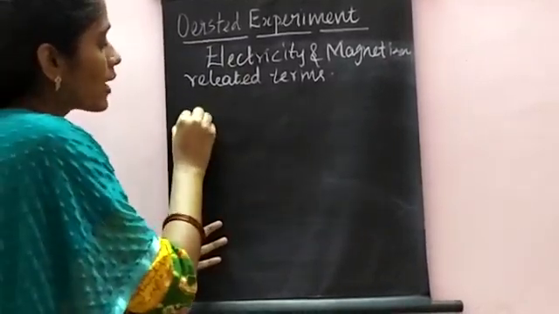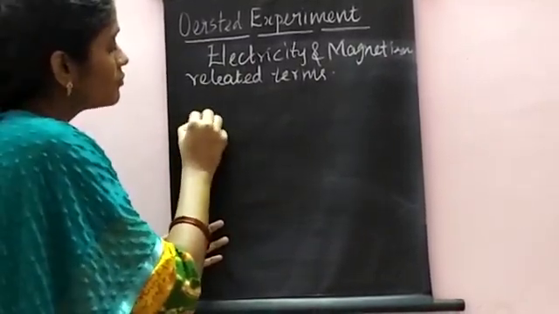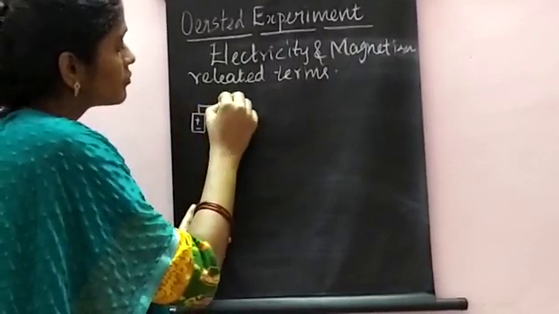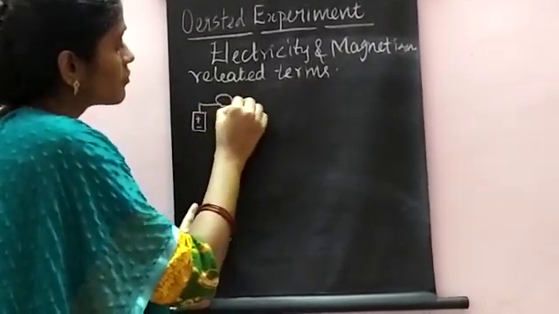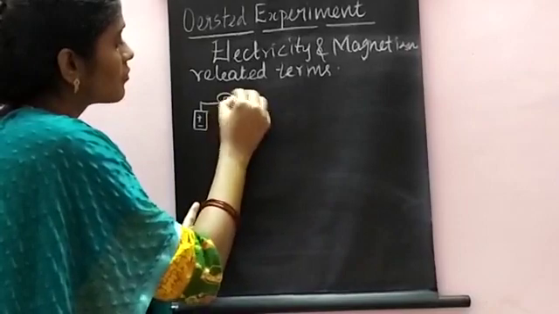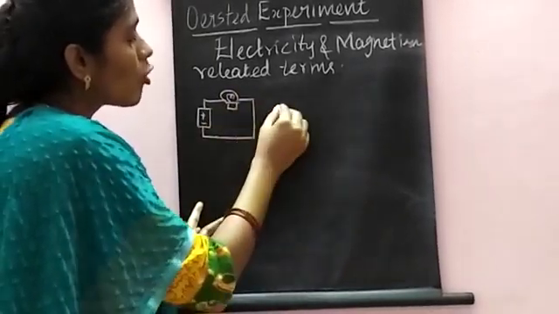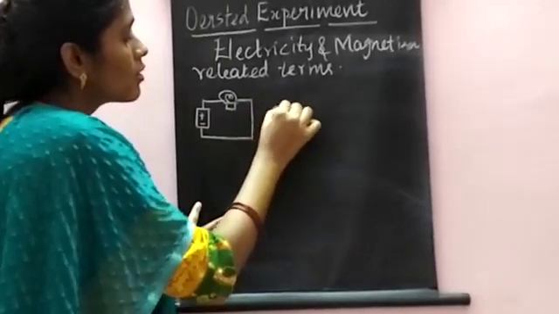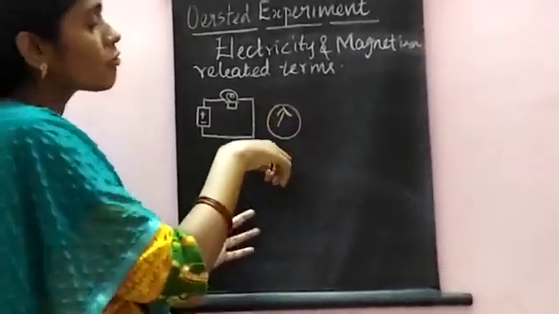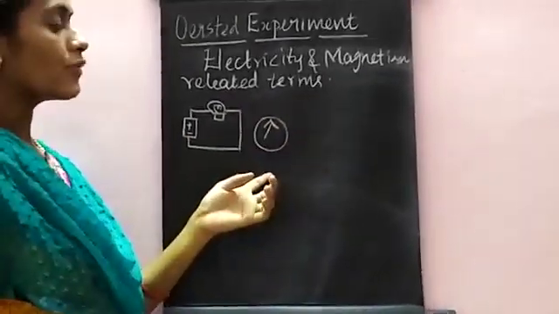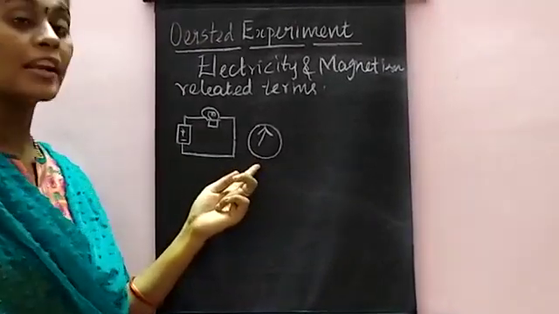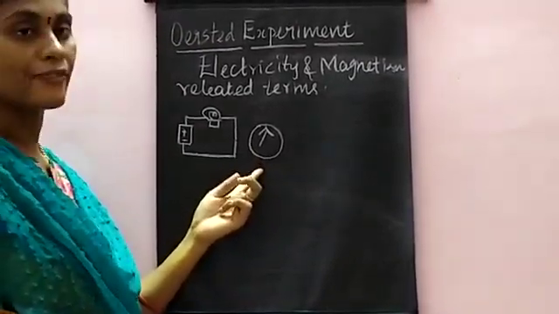He took one electric circuit and one magnetic compass needle. We know that when we place the magnetic compass needle in a magnetic field, it shows deflection.